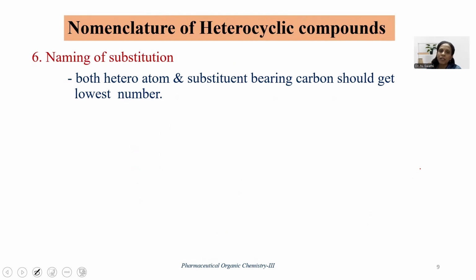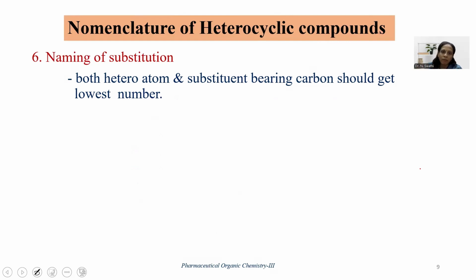In that case, we should give priority to the heteroatom and we should number starting from the heteroatom. Now, in case these heterocyclic compounds also have substitution, then we should give priority in numbering such that the carbon bearing the substitution should get the lowest possible number along with the heteroatom.